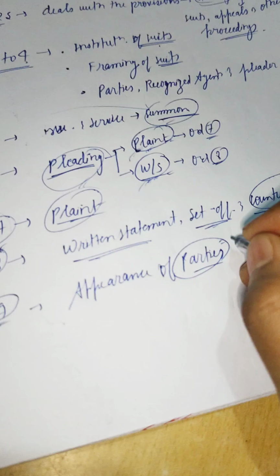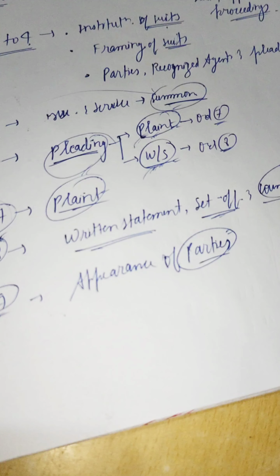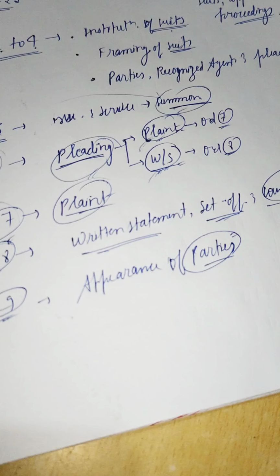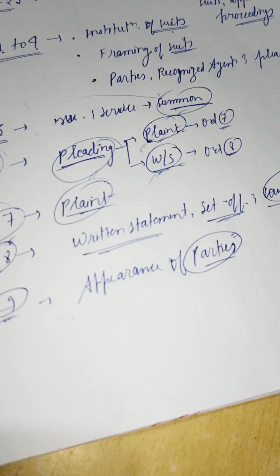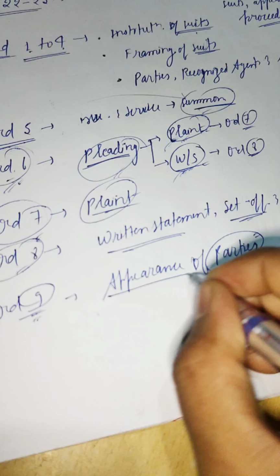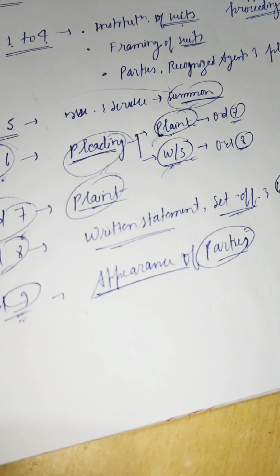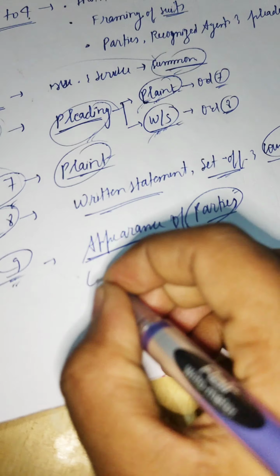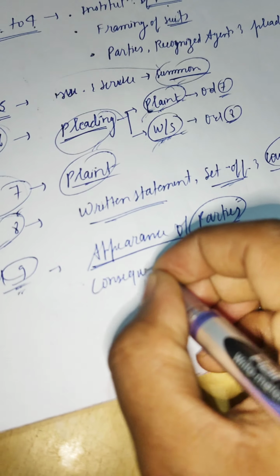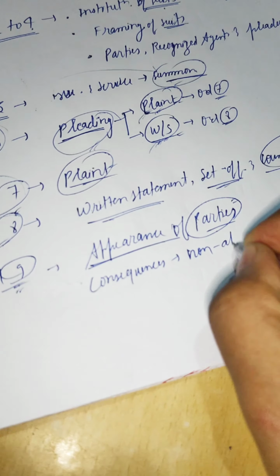Here the word is used as parties. Okay, so this includes both parties, the person who is filing the suit and the person against whom the suit is filed. So in order 9 we will discuss the concepts of appearance of the parties, how the parties would appear in the civil courts, and what the consequences of their non-appearance would be.